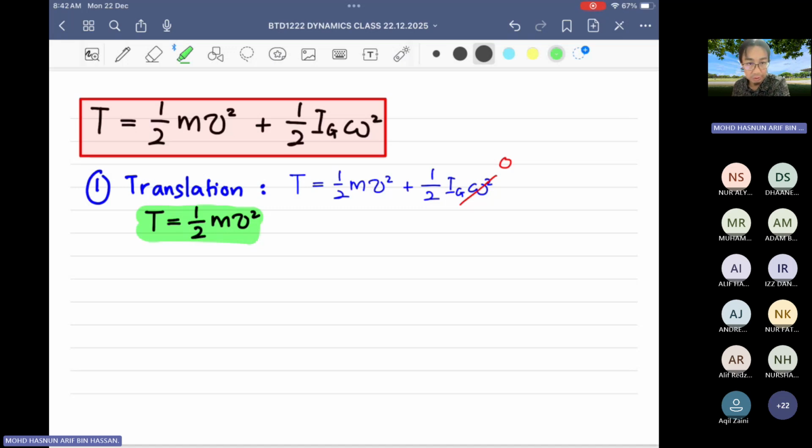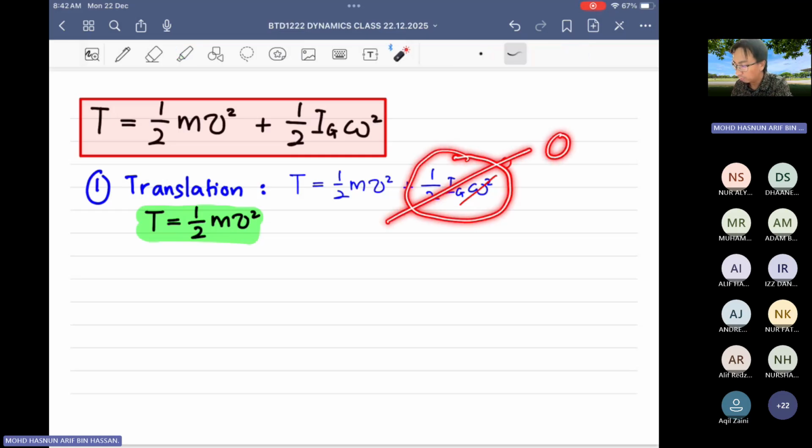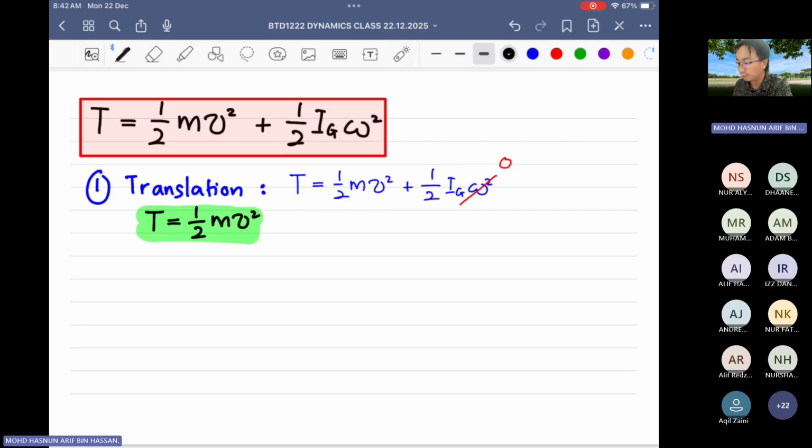This is what you have learned in physics before. That is the first type of motion.